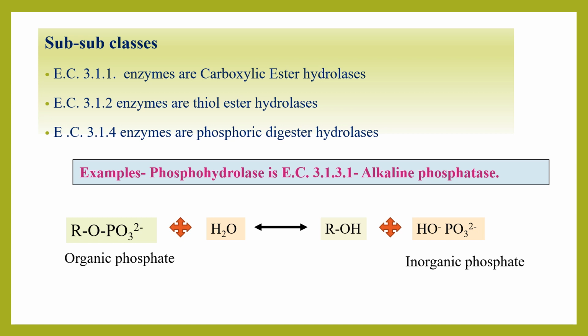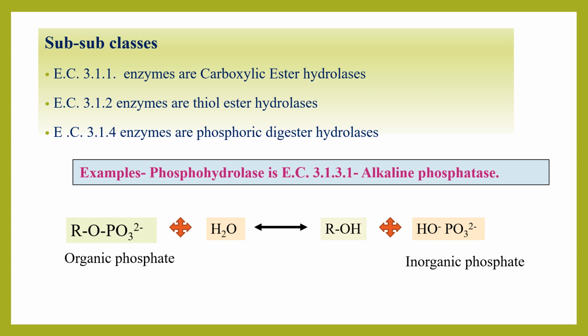We have enzyme commission number 3.1.1 indicating that the enzymes are carboxylic ester hydrolases. 3.1.2 indicating that the enzymes are thiol ester hydrolases. 3.1.4 indicating that the enzymes are phosphoric diester hydrolases.